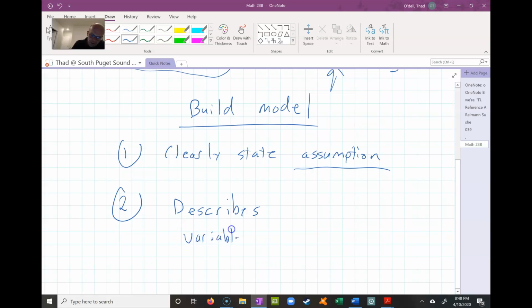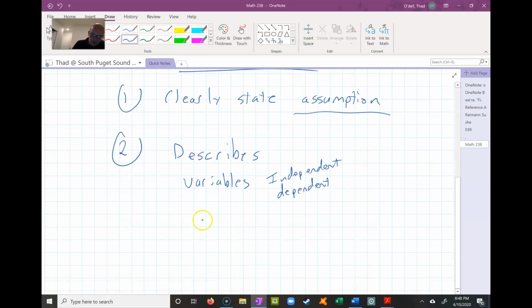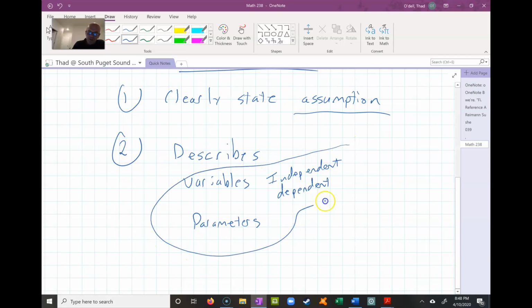You guys are familiar with variables, both independent and dependent, and also parameters. And we'll discuss kind of the difference between those in a minute here. So we're describing them, usually like labeling them, and this is the kind of building blocks we're going to use to make the model based on our assumptions.